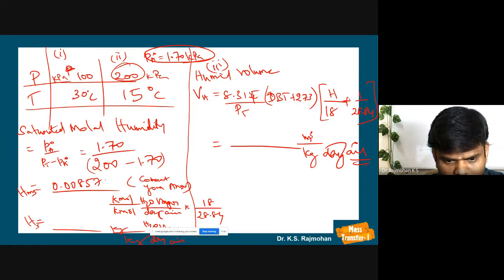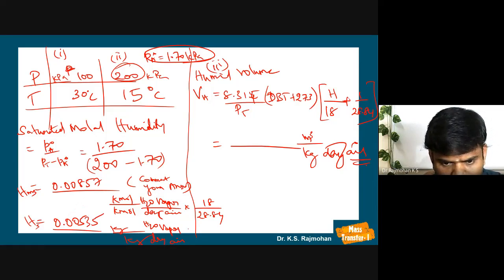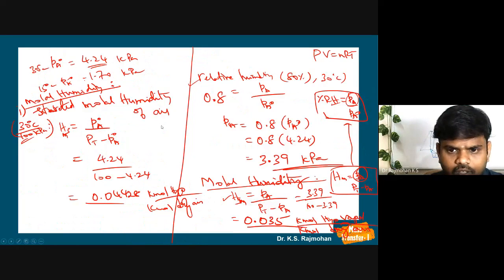To convert that into kg of water vapor per kg of dry air, multiply by 18 and divide by 28.84. So we get 0.00535. So remember, this is the answer for the final section, second part.